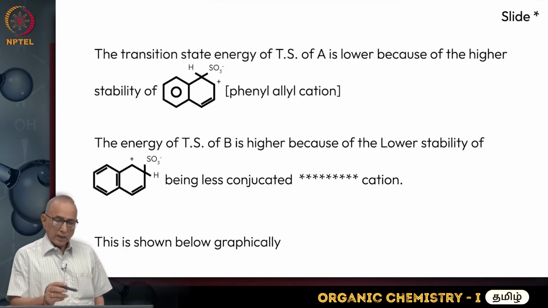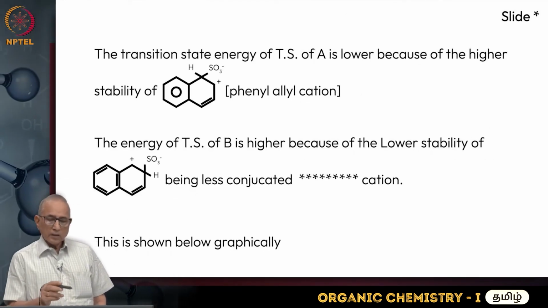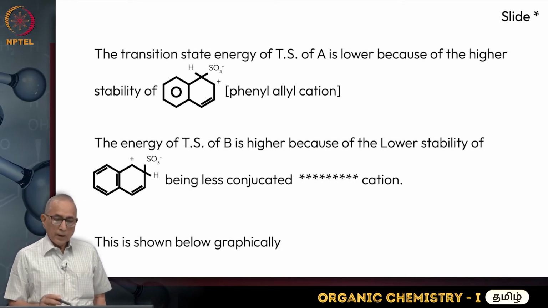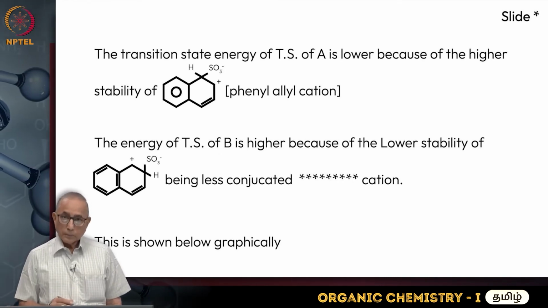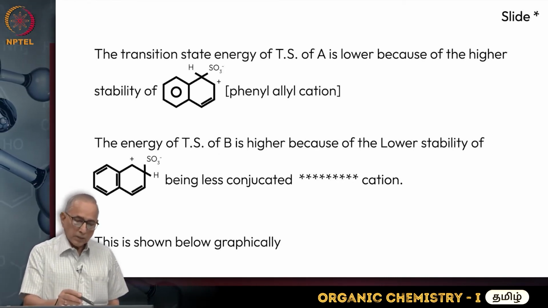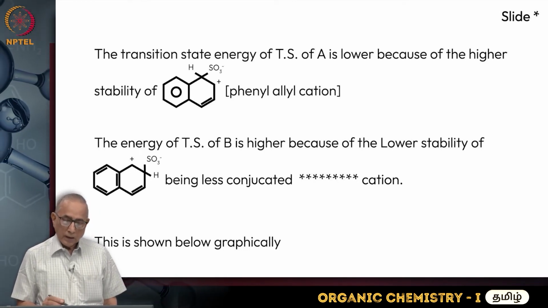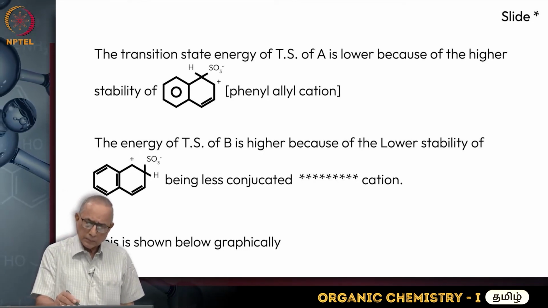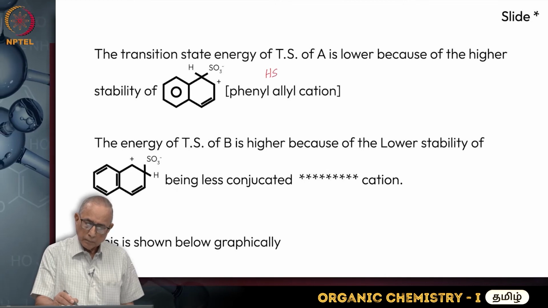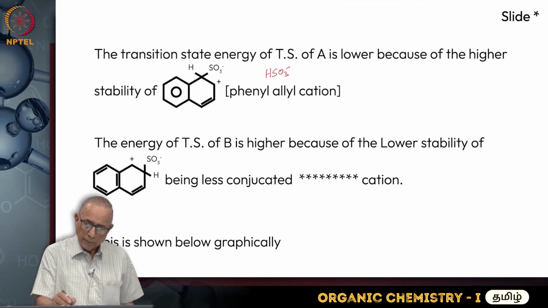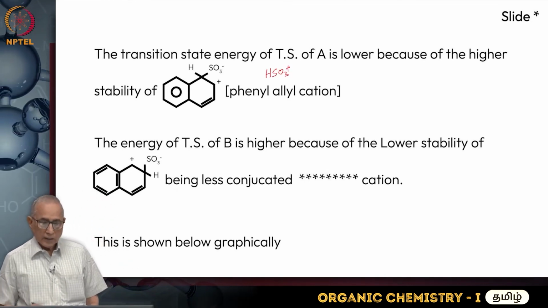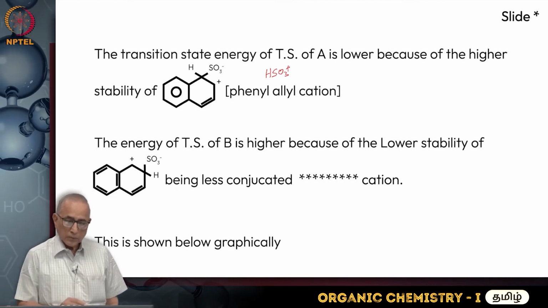The transition state energy, இப்போ வந்து sulfonic acid group entering the 1 position. If it enters the 1 position, SO3 is the HSO3 plus is the electrophilic reagent which attacks the 1 position.